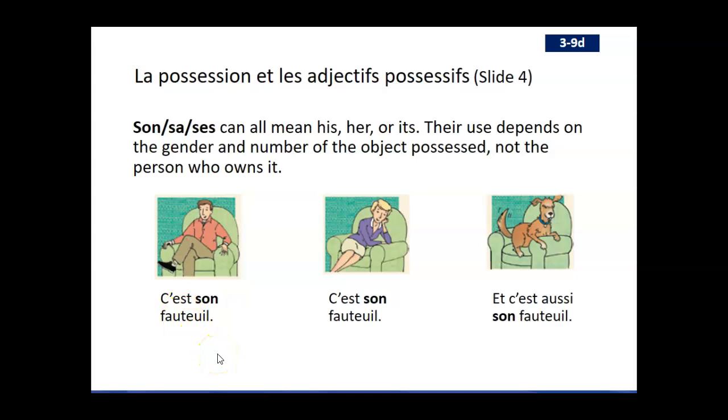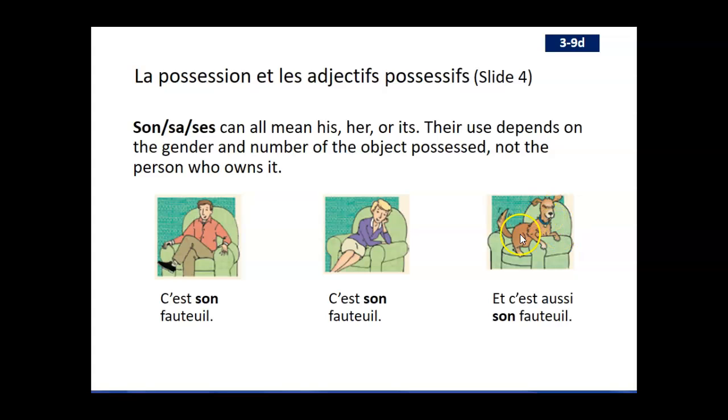So if we were saying, for example, it is his room, then it would be c'est sa chambre. I would use sa in that case because it goes along with chambre, not him. Or c'est son fauteuil. So we see here exactly the same kind of example. The chair belongs to the woman, but it has nothing to do with her gender. The gender we need to make the connection with is between the chair and son, the possessive adjective that comes before it.